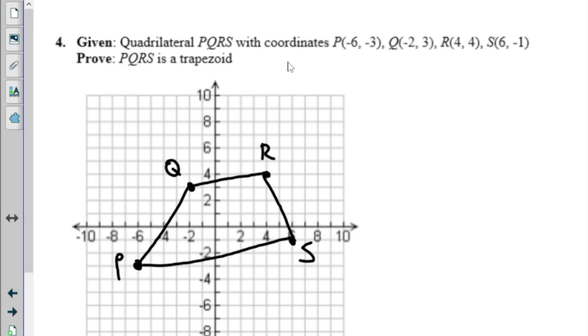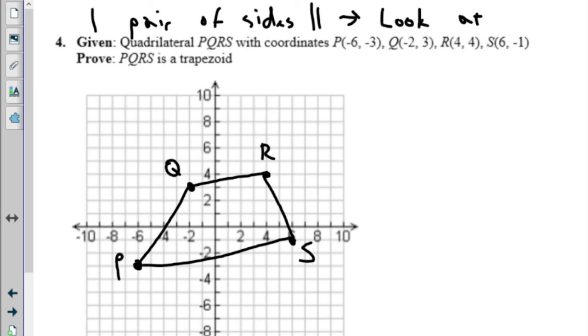And remember that a trapezoid has one pair of sides parallel. So if we're looking for the sides to be parallel, the formula that we're going to look at is our slope formula.